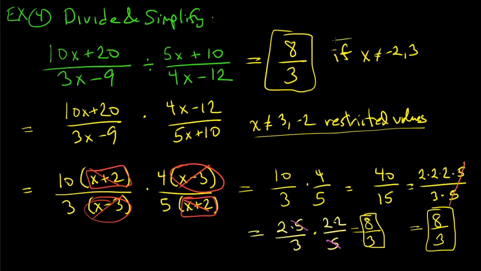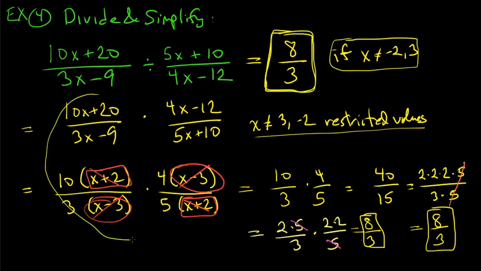You might see this in some of the answers on the practice test. Really, I'm just looking for the 8 over 3, and again, show all your work here, show what you canceled and what you factored. So yeah, the answer is 8 over 3. But remember, there are always these restricted values that we have to worry about, in this case, negative 2 and 3.